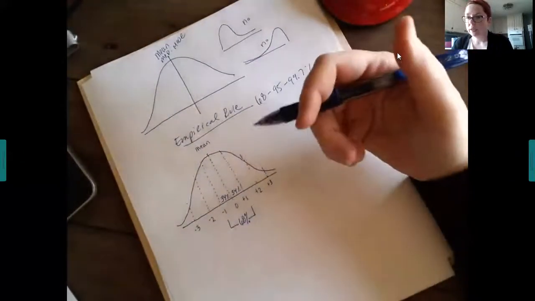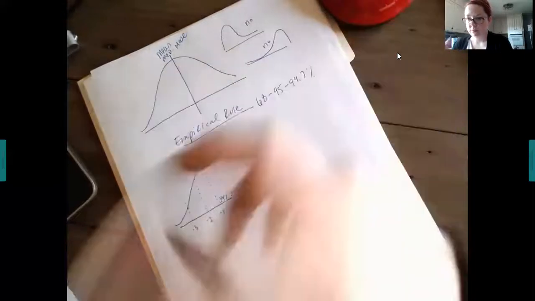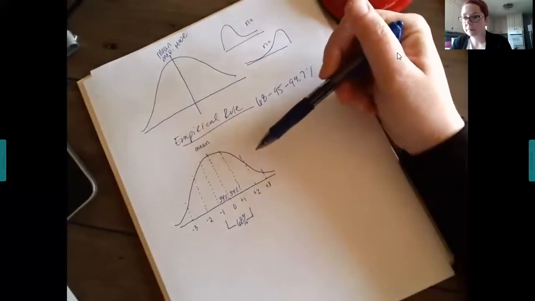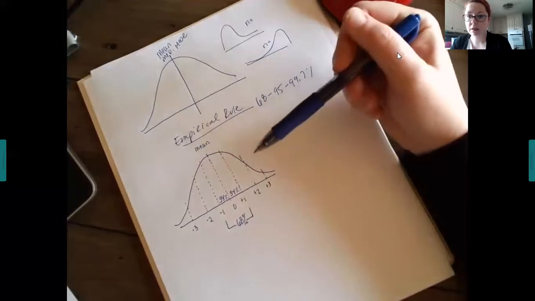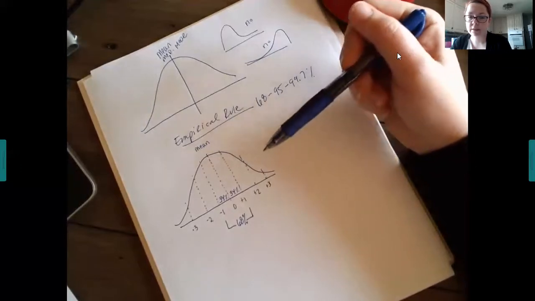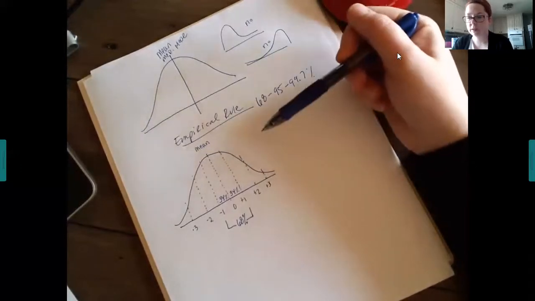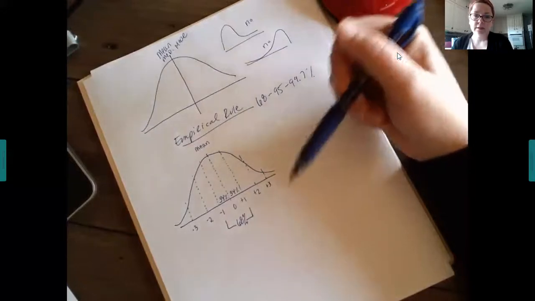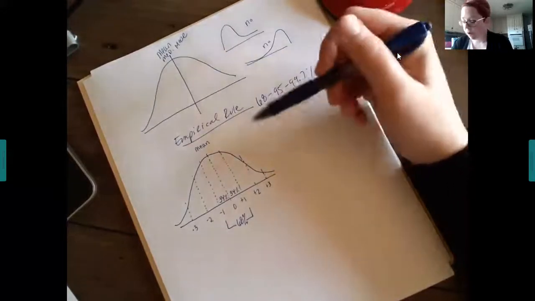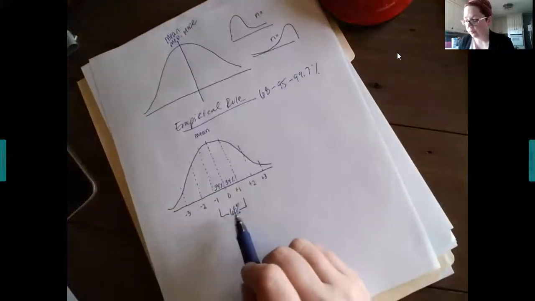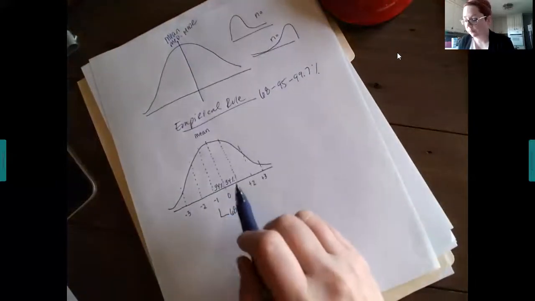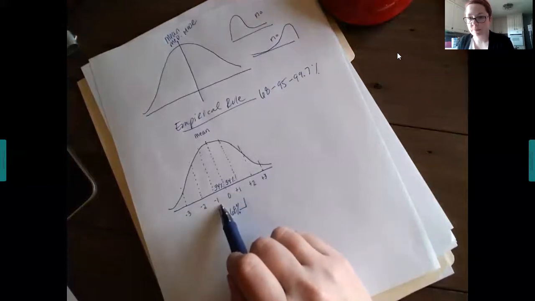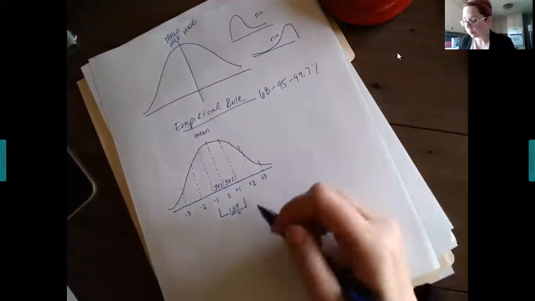So no matter what it is, if your data is normally distributed, whether it's IQ testing, whether it's heights, whether it's birth rates, whether it's death rates, shoe sizes, whatever, 68% of your population or your data will fall 1 standard deviation above and 1 standard deviation below the mean. Okay, that's what it is.